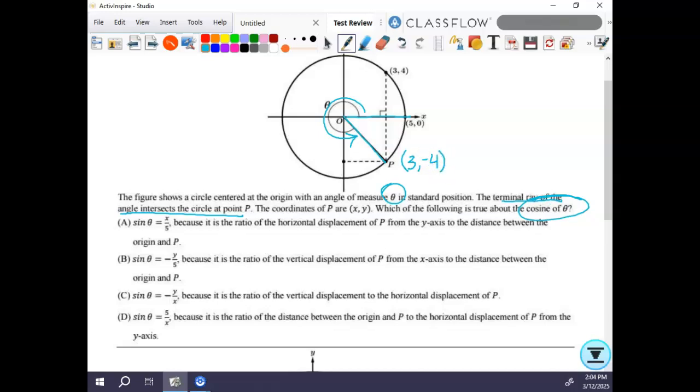And so the cosine would be 3 over 5 because my radius is 5. And, or you could put x over 5, kind of the way it was asked.